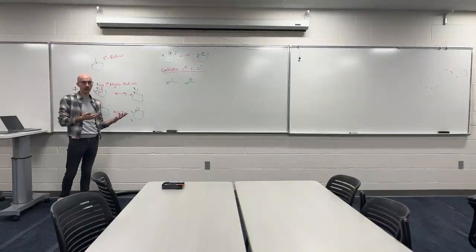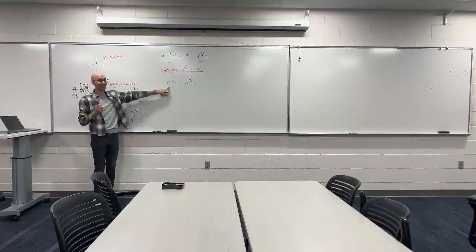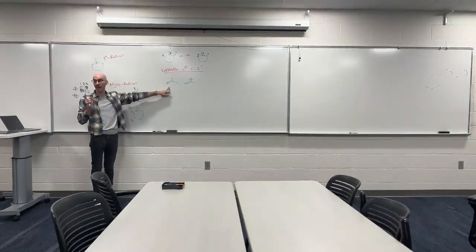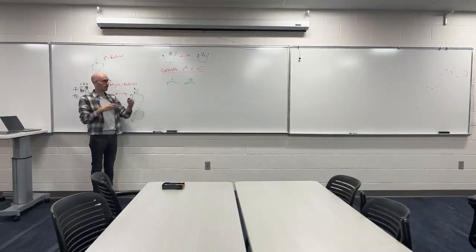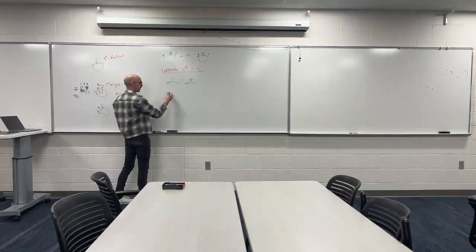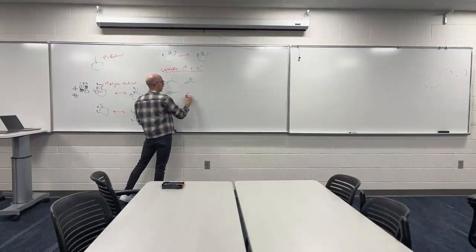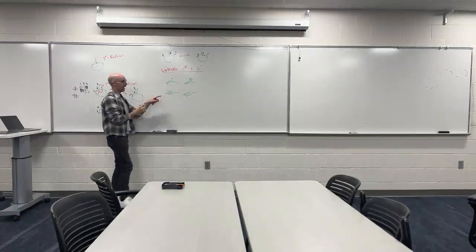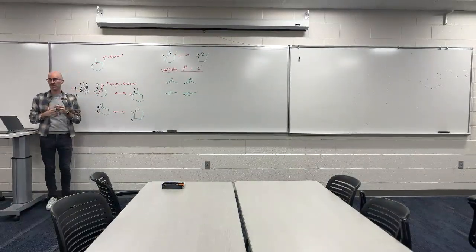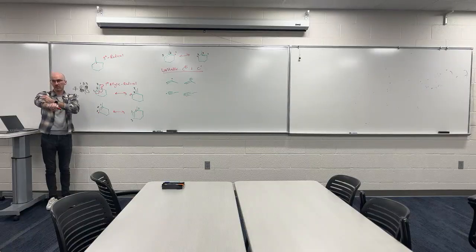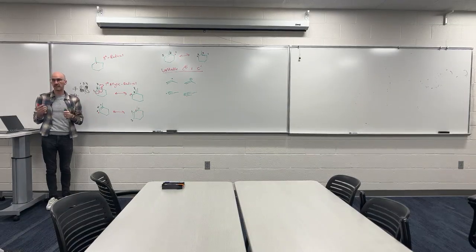It can't be moved around. So this is very unstable. This does not like to form. Similarly, to put a positive charge or a radical onto an sp hybridized carbon is not very stable. No resonance to stabilize it.